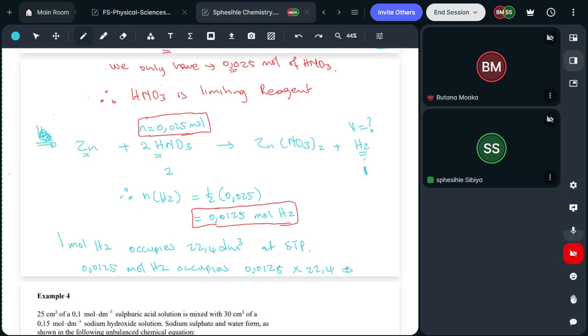The answer you get is the volume we are looking for. Then what is the volume of H2? 0.28. That's your answer. So the volume of H2 is 0.28 decimeter cube.